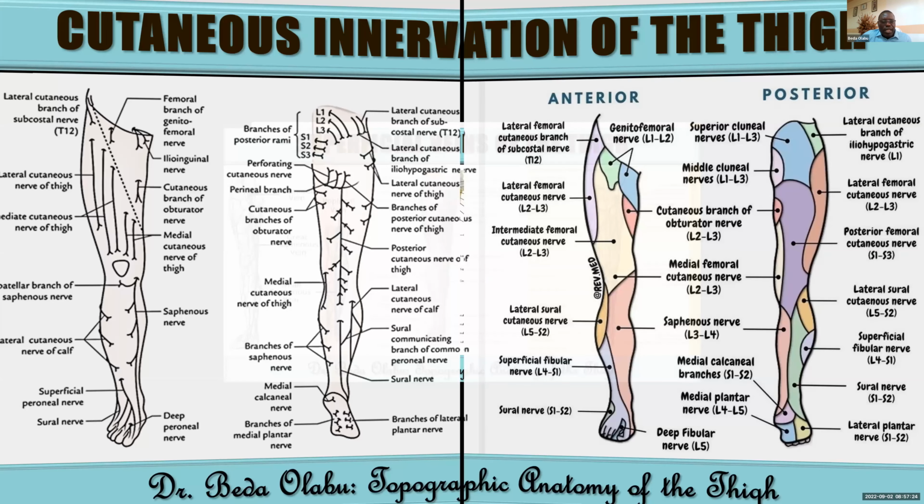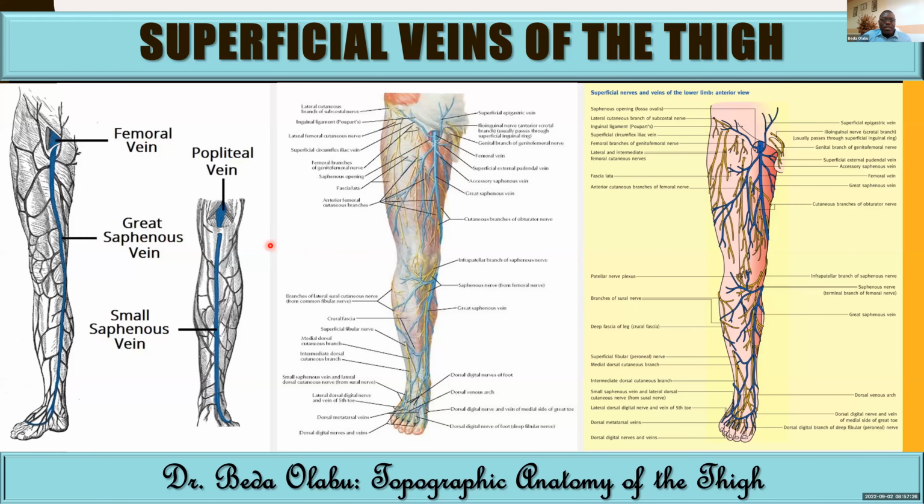Apart from talking about these cutaneous nerves, the other thing which is also subcutaneous are the superficial veins of the thigh. So let me put it this way. There are two major superficial venous systems in the lower limb in general. There are many veins, but mainly two major superficial venous systems.